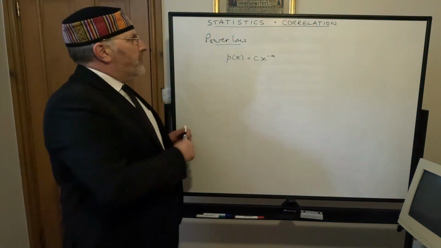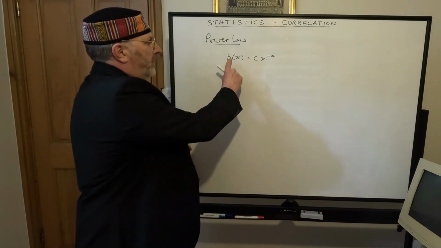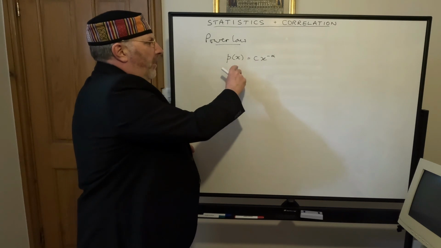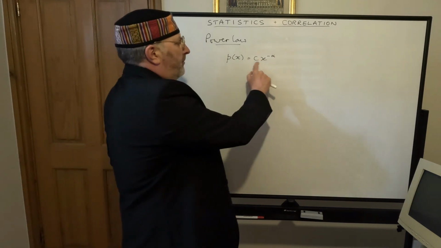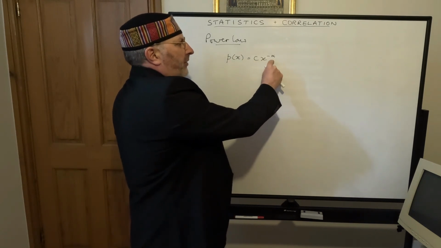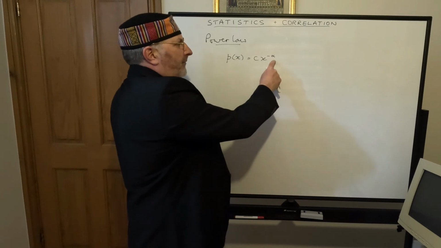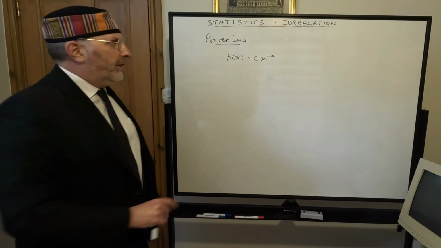Okay, our next distribution is the power law distribution, which has the formula that the probability of the variable having the value x is proportional to x raised to some power, x to the minus alpha. Alpha is the exponent of the power law, and c is some constant in front of it.